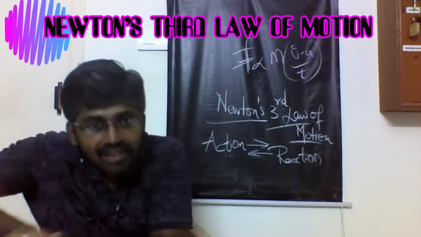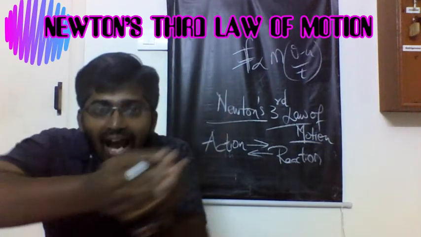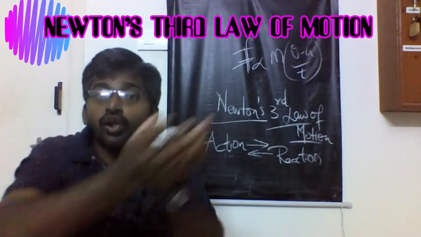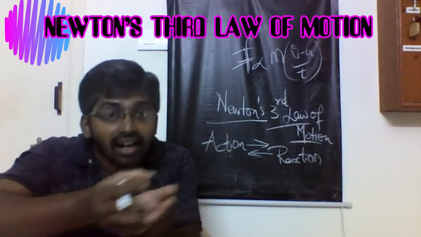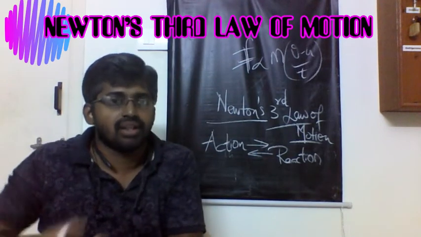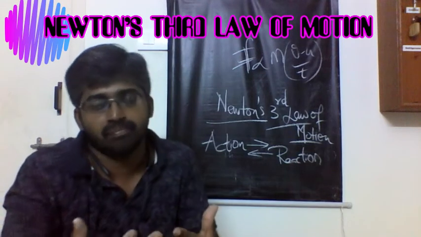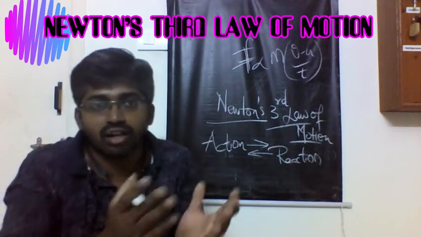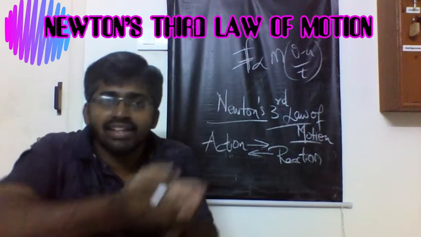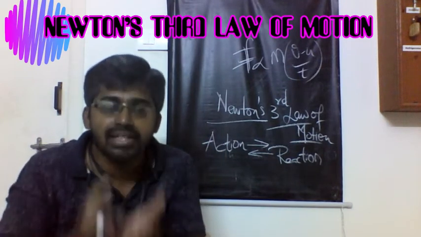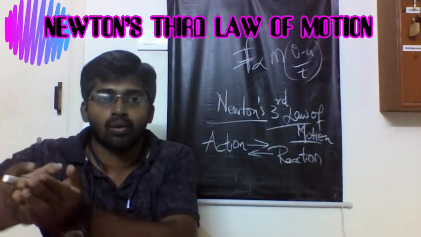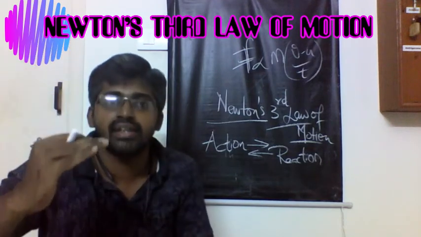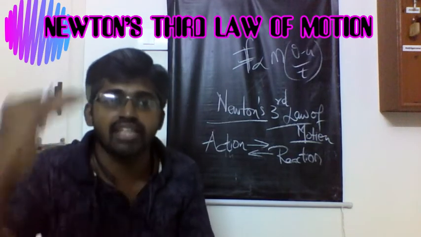When you increase the time by moving your hand, you are decreasing the rate of change of momentum. Momentum means mass into velocity. So you are not making the velocity come down immediately, but you are taking time to make the velocity come down. So you're reducing the rate of change of momentum.